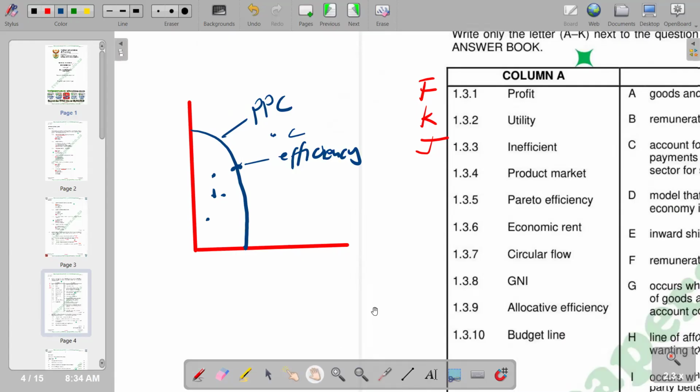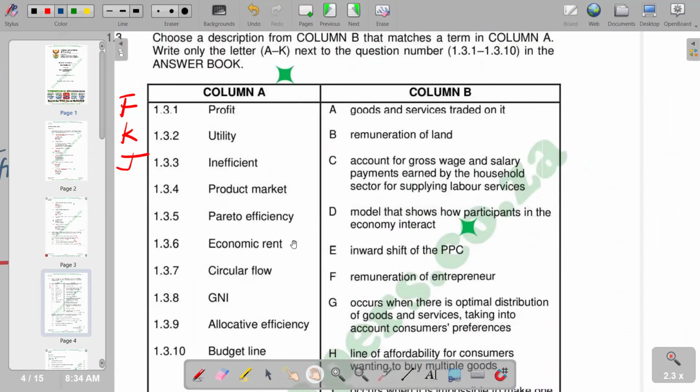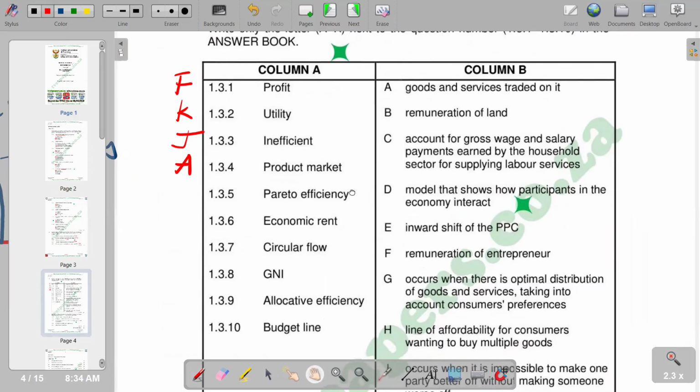Now we move on to product market. We have defined product market as represented by goods and services. According to our responses, the correct one is A, goods and services are traded on it. Then Pareto efficiency: we check which one matches.